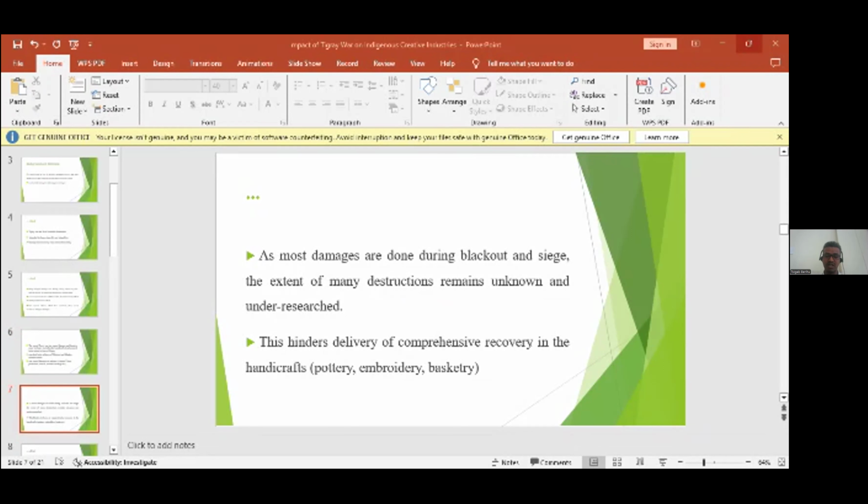That's why you have brought this project of intervention. This hinders the delivery of comprehensive recovery in the handicrafts.